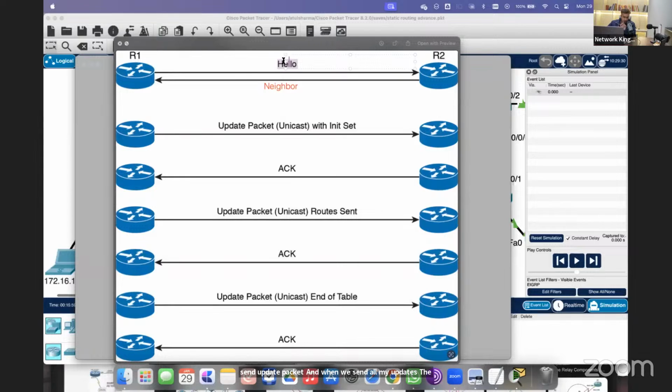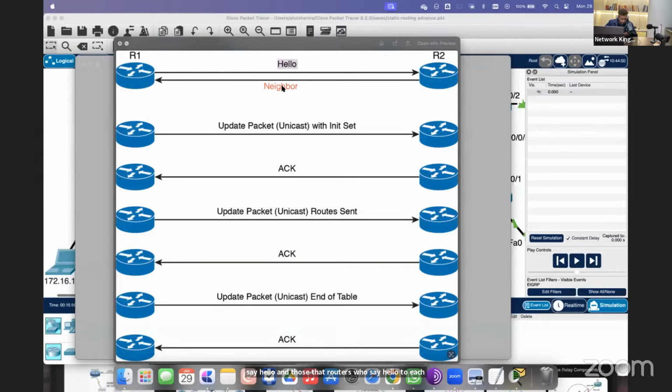So hello is a packet, update is a packet, and acknowledgement is also a packet. Hello is to discover the neighbors, that is, who all are connected to me. That is the hello packet, to discover neighbors. Who are my neighbors, say hello, right? Understood? So whoever is my neighbor says hello, and the routers that say hello to each other become neighbors.